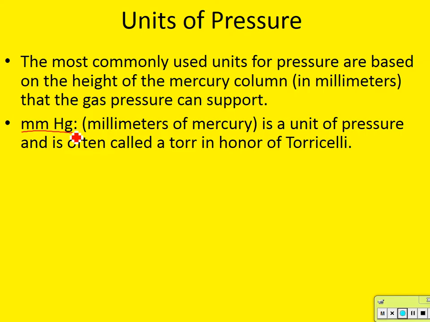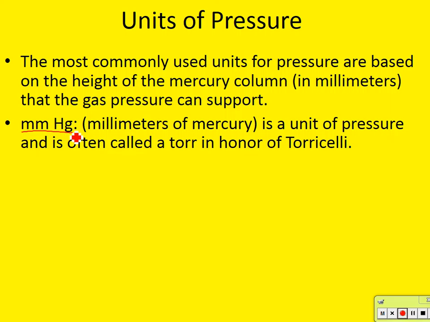You'll see that a lot. It stands for millimeters of mercury, and it is a unit of pressure and is often called a torr in honor of Torricelli. So in honor of him, they've given that a unit of pressure.